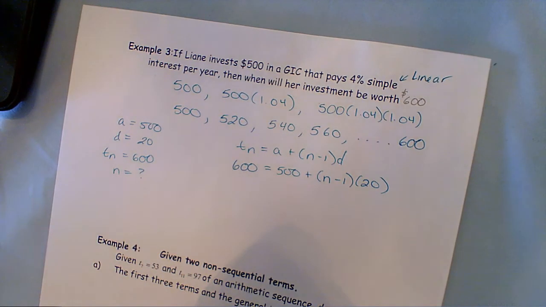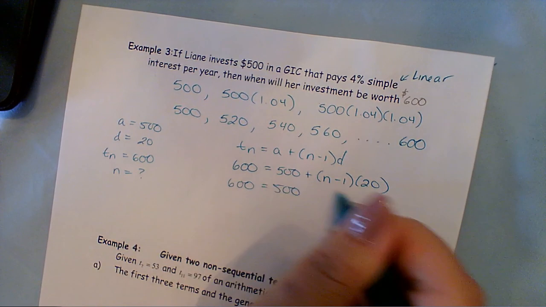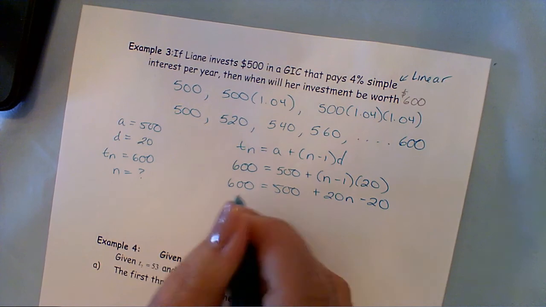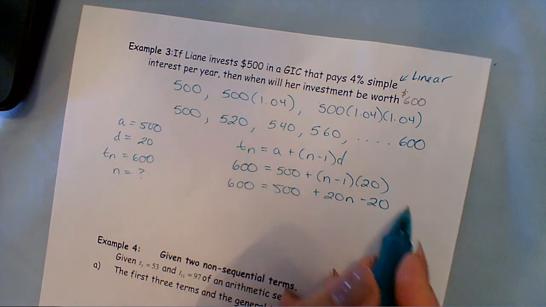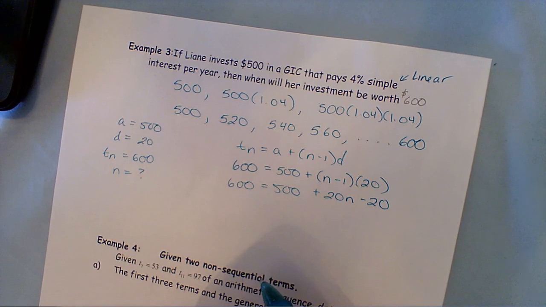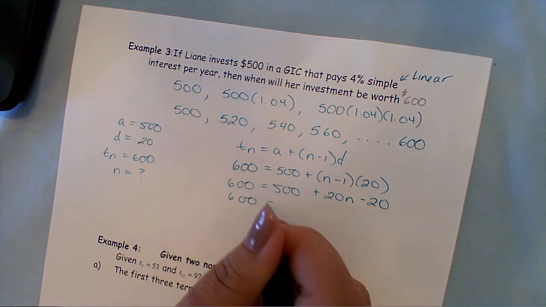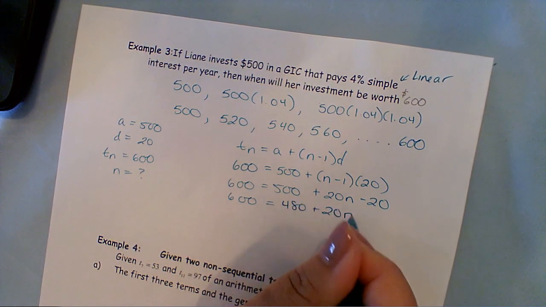Okay, so that's the way you write it out. Distribute like you normally would. We'll deal with the 500 later. Plus 20n minus 20. You can collect like terms. So we have 500 minus 20. What is that? 480 plus 20n.